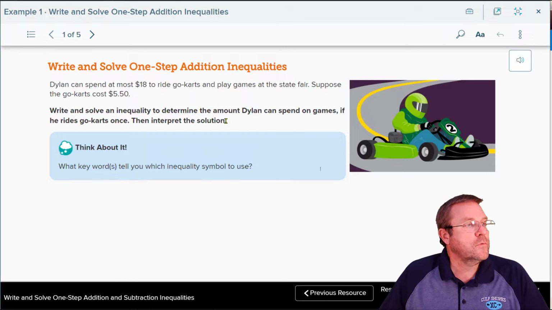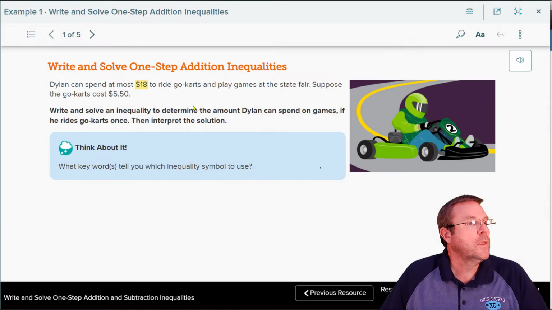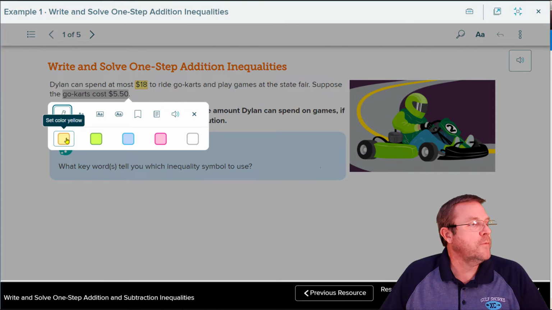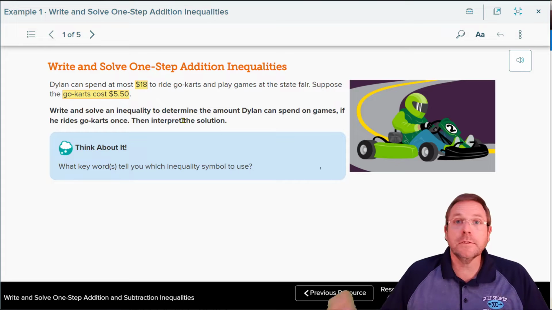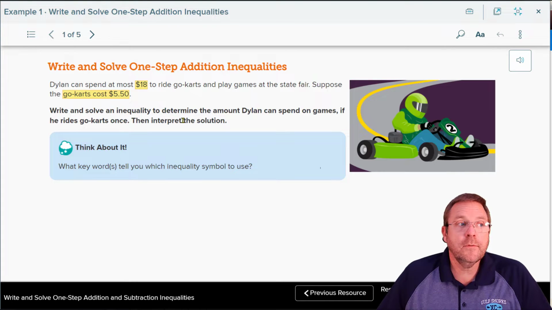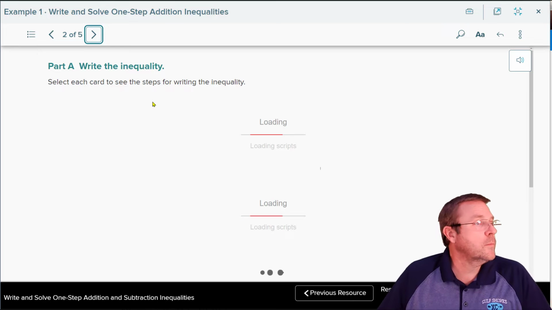Then interpret the solution. Well, what do we know? We know that he has a total of $18 that he can spend. We know that a single trip on the go-kart is going to be $5.50, and $5.50 plus whatever he spends on the other games has to be less than or equal to the $18. Let's keep it moving forward, and we'll break that down a little bit further.